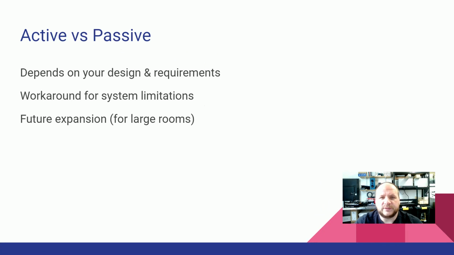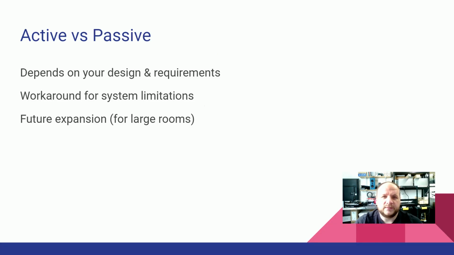Now it's worth noting that on occasion you might have to use active speakers, or you might even design a system that entirely relies on active speakers. Like in an earlier video I mentioned live audio that use completely wireless speakers for creating surround sound systems. Now those can be built using completely active speakers for all channels.